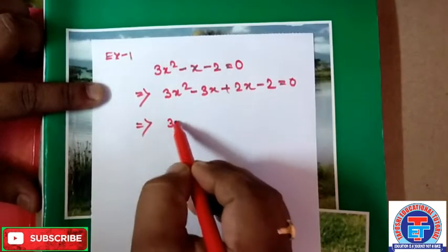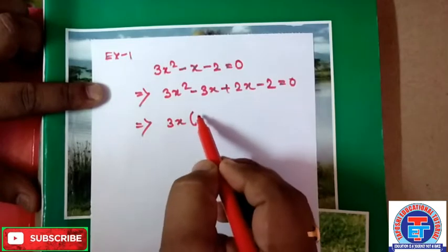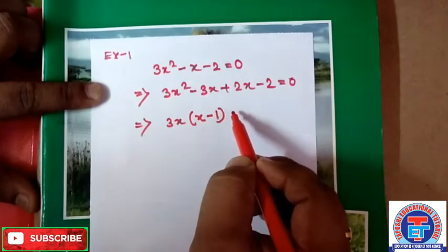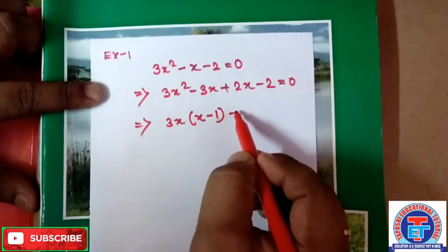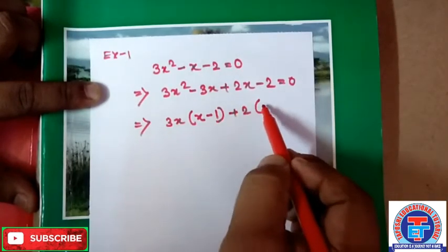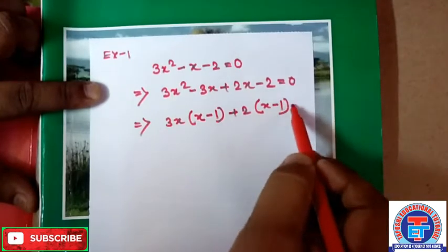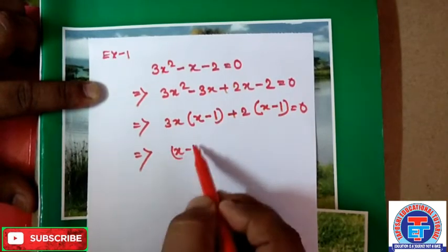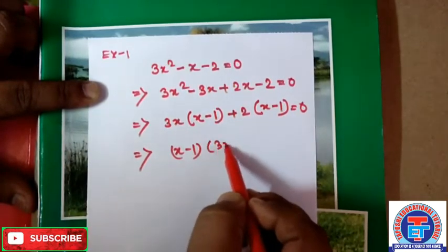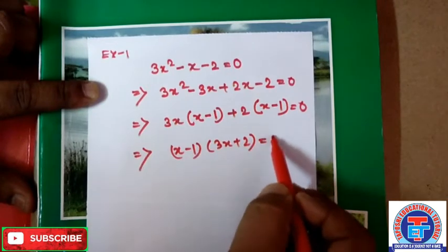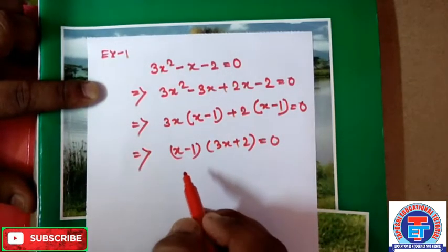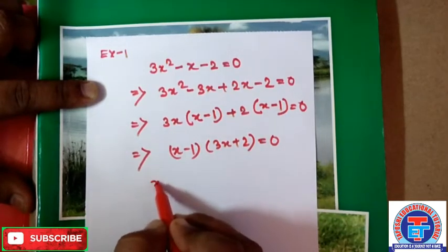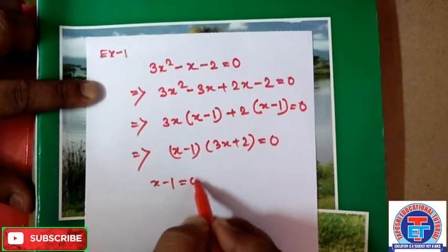Now 3x is the common factor. We write x minus 1. Here 2 we take common, then it will become x minus 1 is equal to 0. Therefore x minus 1 is the common factor and 3x plus 2 is equal to 0.